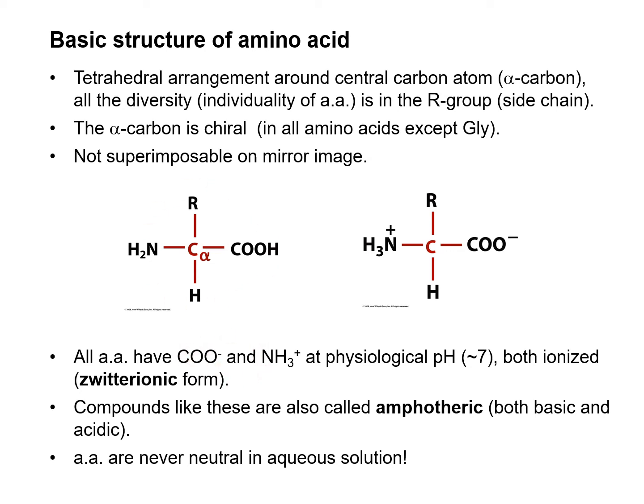And compounds like these are also called amphoteric, which means that they are both basic and acidic too. And amino acids are never neutral in aqueous solution because of these zwitterion forms or the amphoteric property.